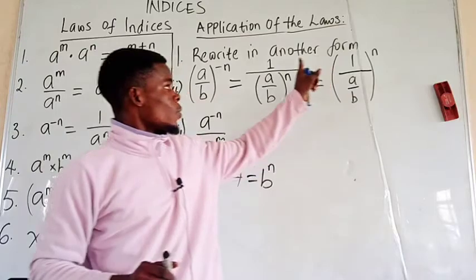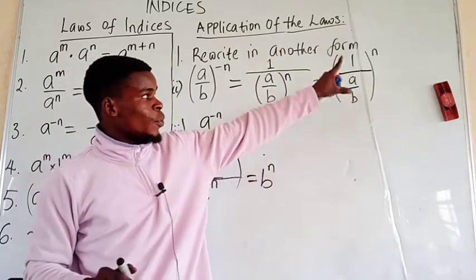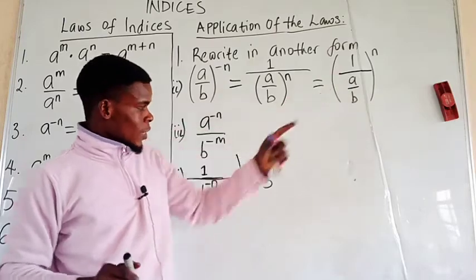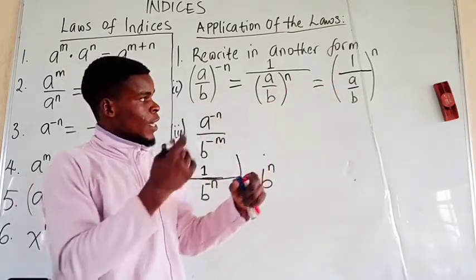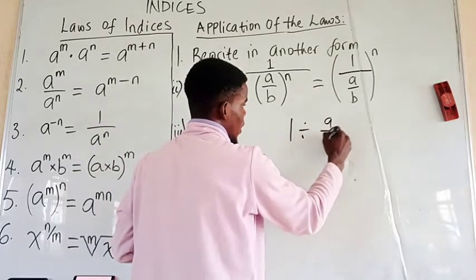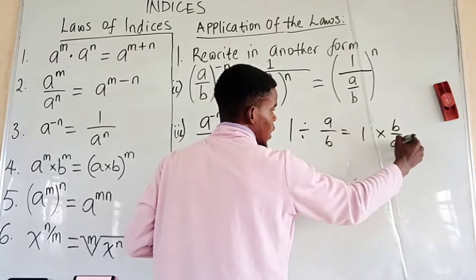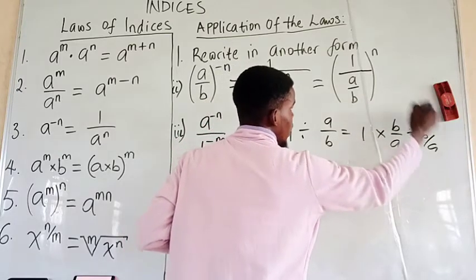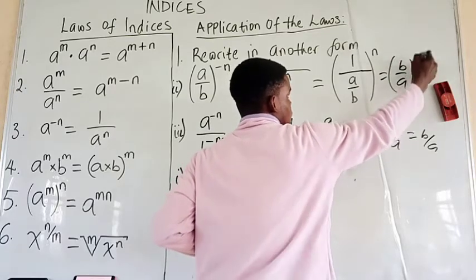That is it. Because even if I take 1 to be power n, it is the same thing as 1. So I put it down like that. And by the ratio 1 divided by a over b, we can write this as 1 times b over a, which is just going to give us b over a. So this right here is b over a, and we remember to take the power n.